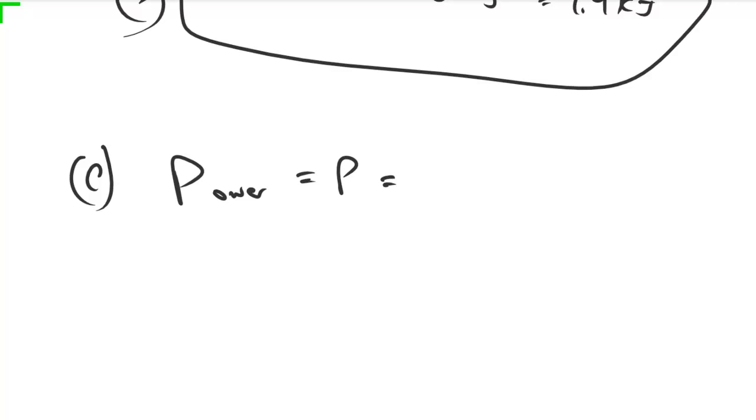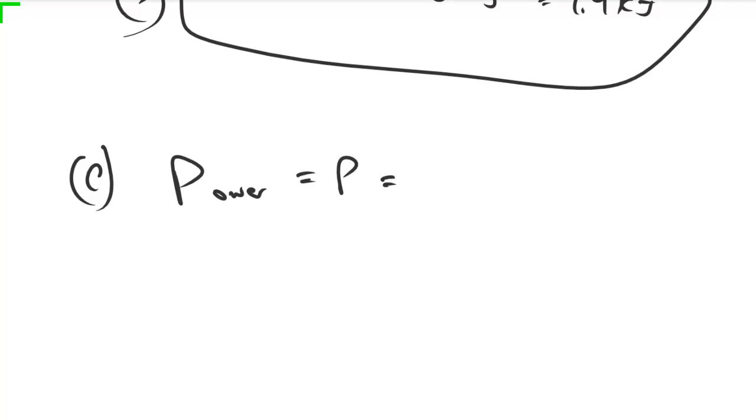Power is just the rate at which work is done, or the rate at which energy is consumed. The rate at which a light bulb consumes electrical energy is the power rating of the light bulb, or the rate at which a power plant converts energy to electrical energy is the power generated by that power plant.